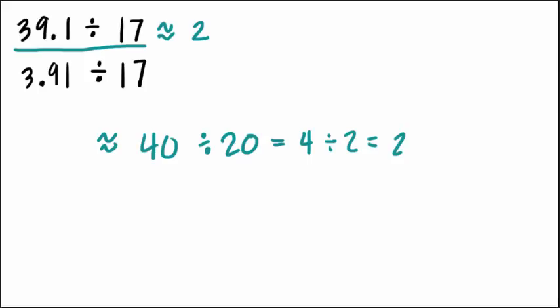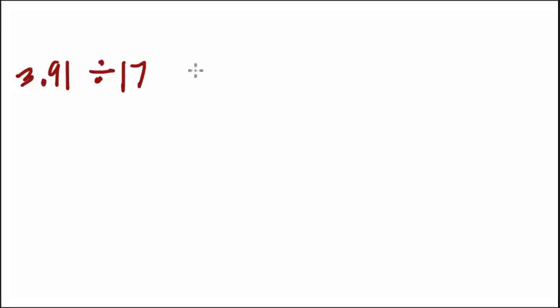Now we're going to do the same thing with the second one. So we have 3.91 divided by 17, or 3 and 91 hundredths divided by 17. We're going to do the same thing, so we'll do this in another color, and we're going to estimate.